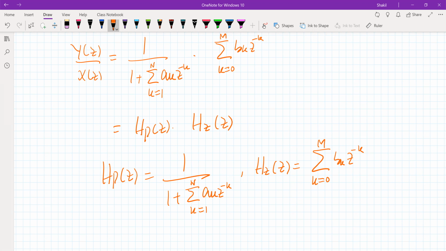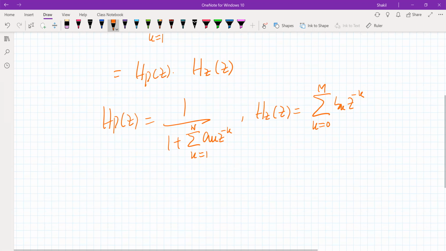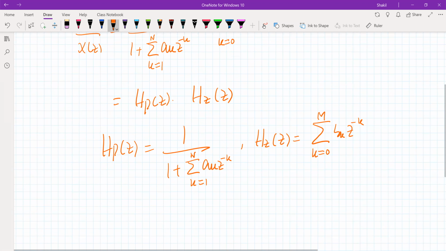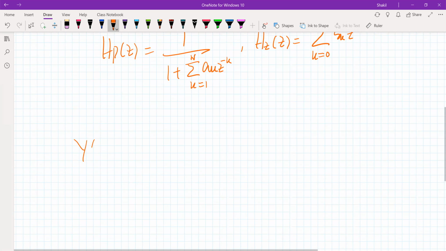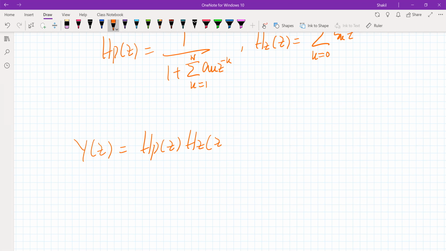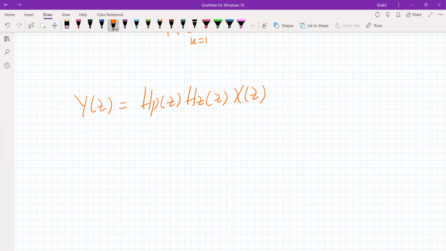Right? So if we draw the structure of the system, we'll say Y(z) is equal to H_P(z) H_Z(z) times the input. How do we write this as a structure, or in block form?